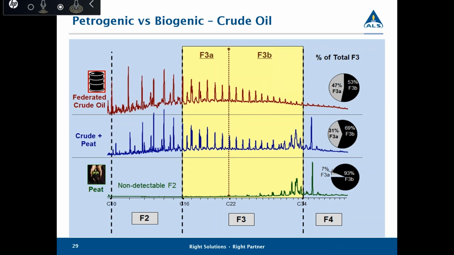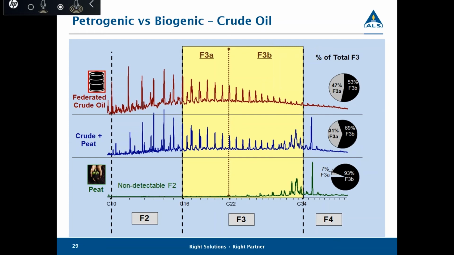The subfraction F3B was determined to dominate in clean soils and manure compost samples, whereas subfractions F3A and B were approximately equal in concentration in the crude oils. And this slide actually displays that difference.